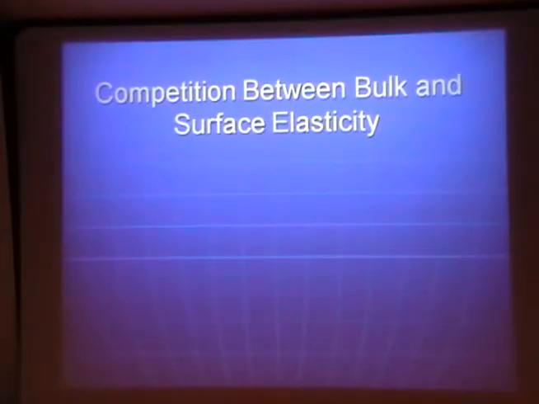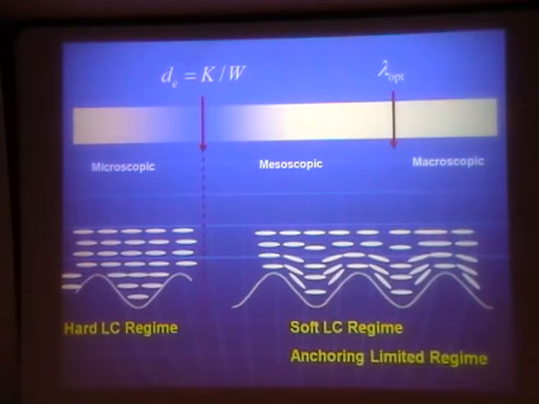So after all this introductory part, I'd like to mention a little bit about the physics behind what I've been talking about. As a preparation, I need to explain a little bit about the elasticity of liquid crystals in relation to the anchoring effect.